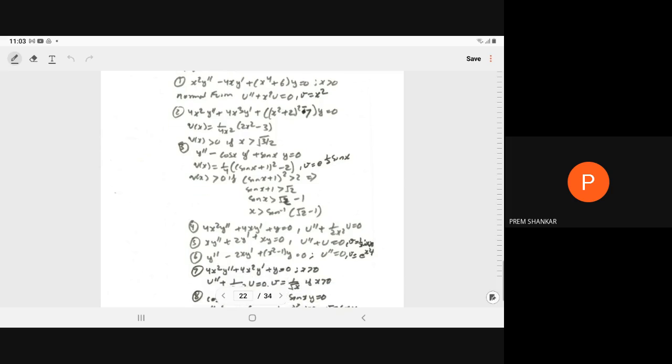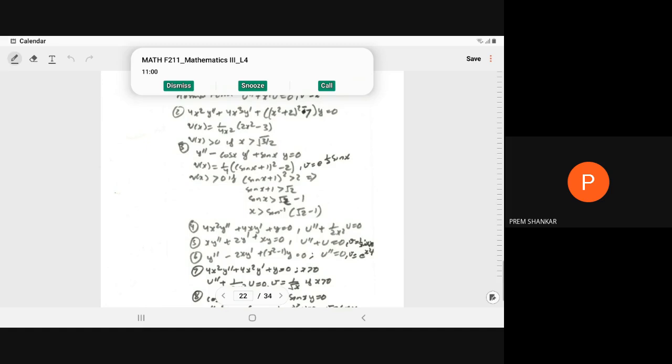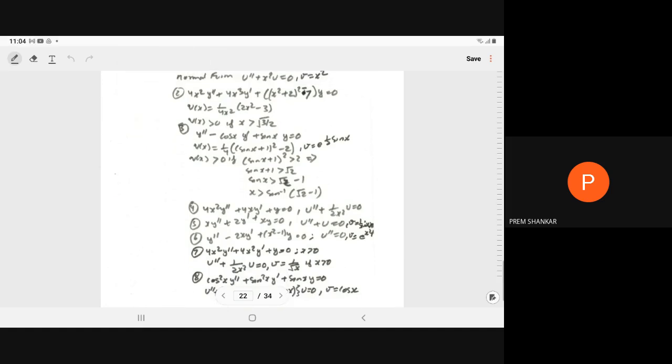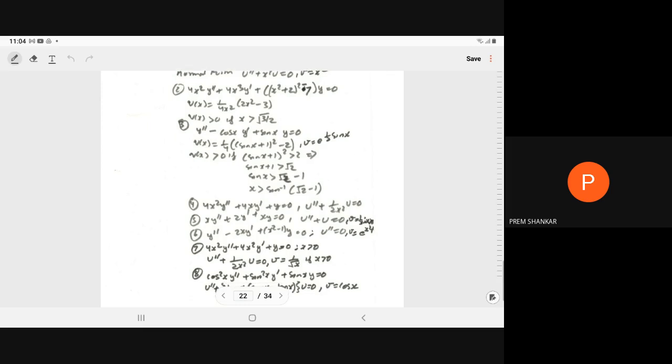In the next question, y double dash minus cos x y dash plus sin x y is equal to 0. Here we have q(x) equal to 1 by 4 times ((sin x plus 1) whole square minus 2), and v is equal to e to power half sin x, and it shows that q(x) is greater than 0 for x greater than sin inverse of (root 2 minus 1).